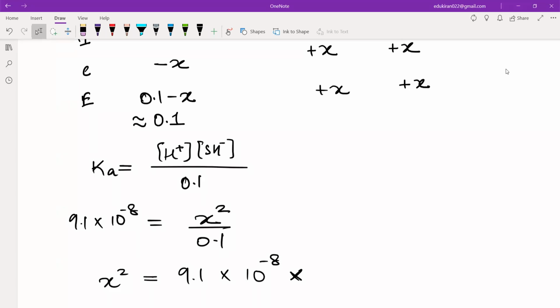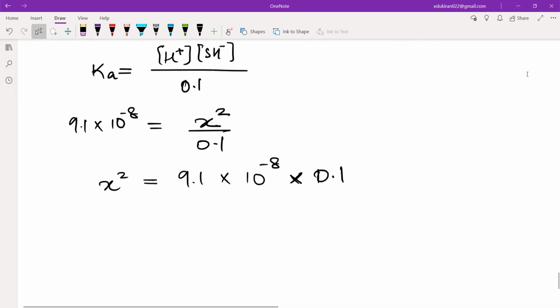That means 1 upon 10, that means 10 to the power minus 1. Can you calculate x here now? It is 9.1 into 10 to the power minus 9. Yes, sir.